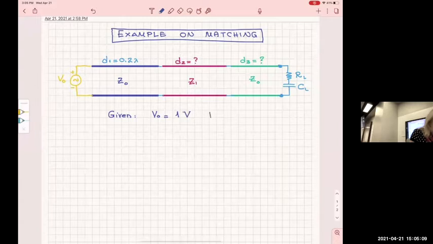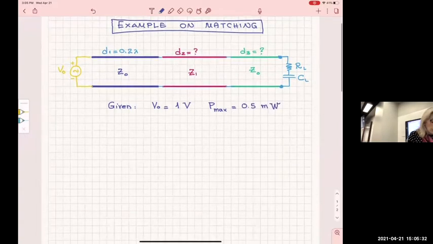And then they give you that the maximum power that can be delivered by the source is, say, 0.5 milliwatts. Okay? And that is number one.